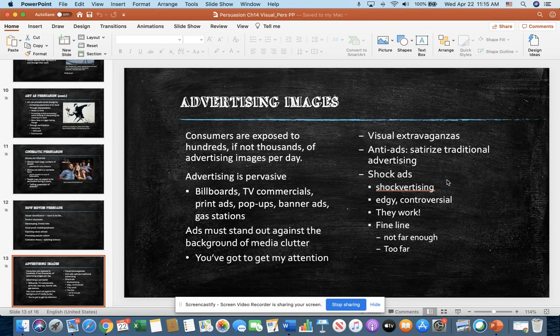They talk about visual extravaganzas. What kind of images do they need to do now to top all the others? They talk about anti-ads, where they are taking traditional advertising and ridiculing it. It's kind of an interesting approach, with the anti-ad they're kind of saying, oh, you're too smart for us to fool.